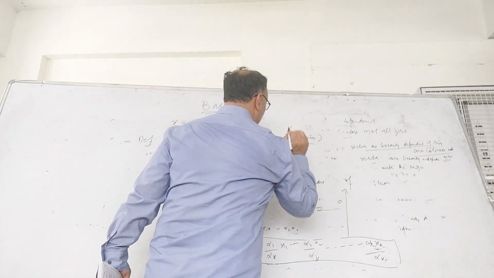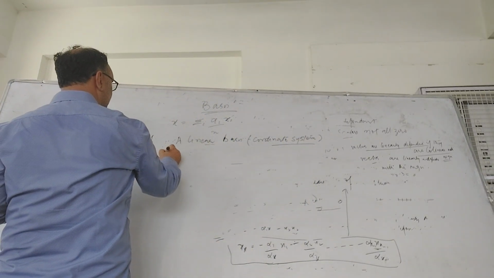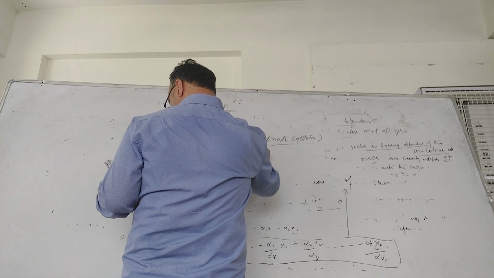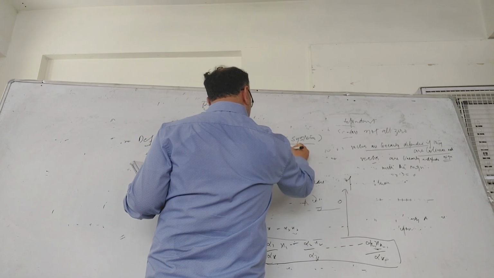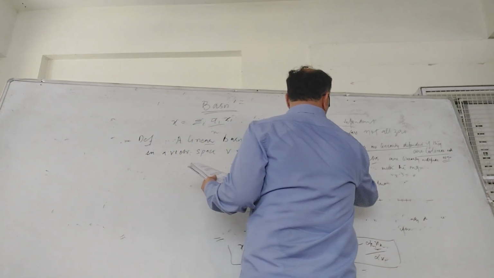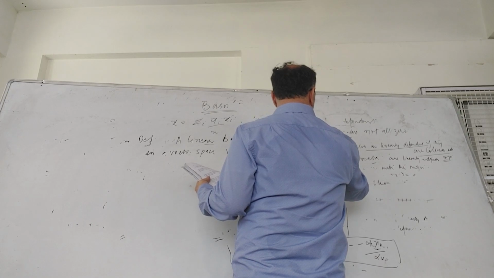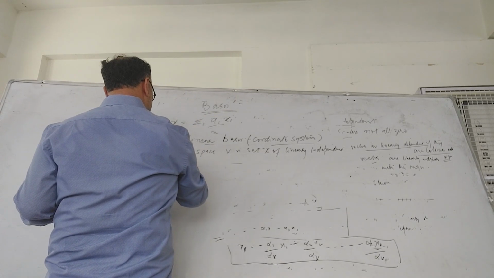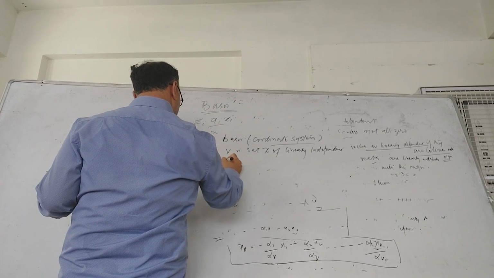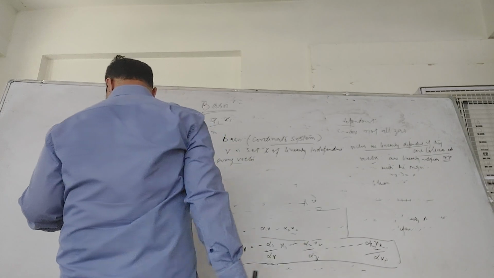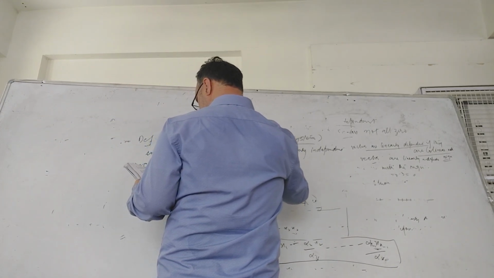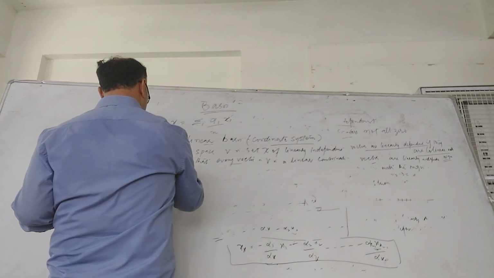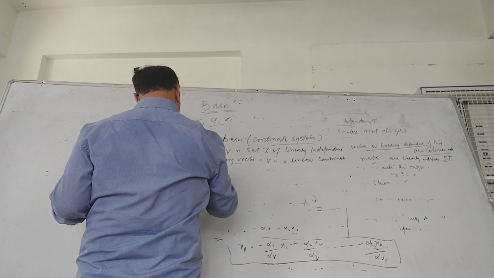A linear basis or coordinate system in a vector space V is a set chi of linearly independent vectors such that every vector in V is a linear combination of elements of chi.